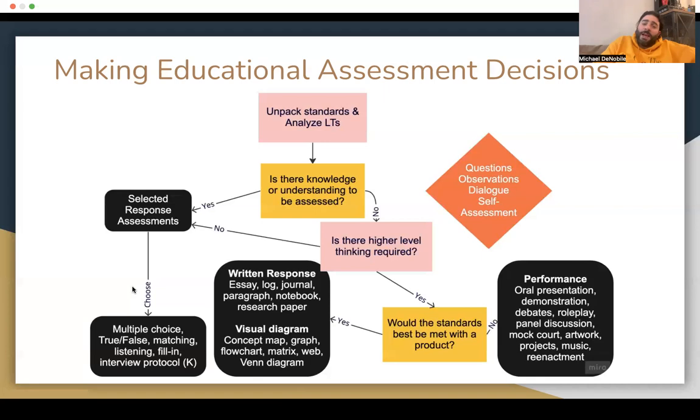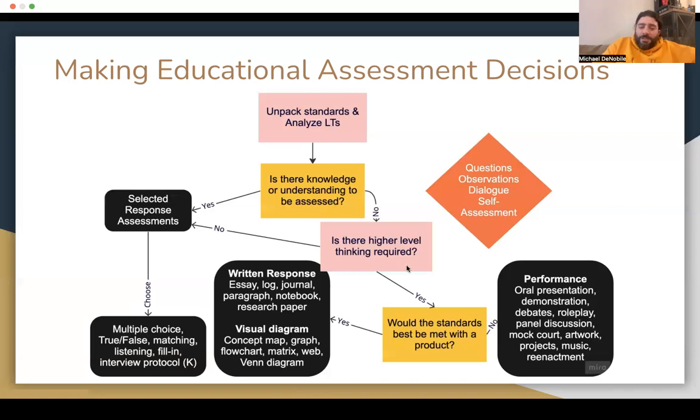Now, if the knowledge or understanding does not need to be assessed, and we're looking more at application of them, then the question is, is there high level thinking required? If it's no, we go back to our selected response assessments, because if higher level thinking is not required, then we can just use a traditional selected response assessment there.